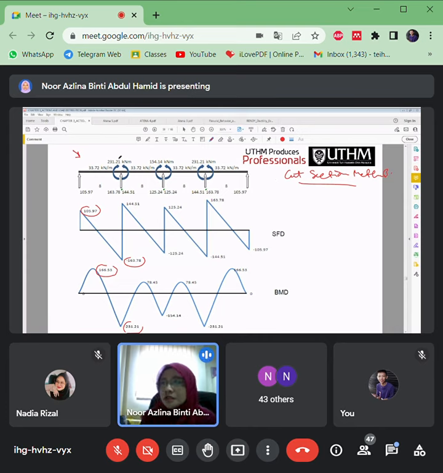Cut section method means you analyze section by section. That means you cut this section, cut this section, and analyze section by section. Let's say for the first section, I have a support here.